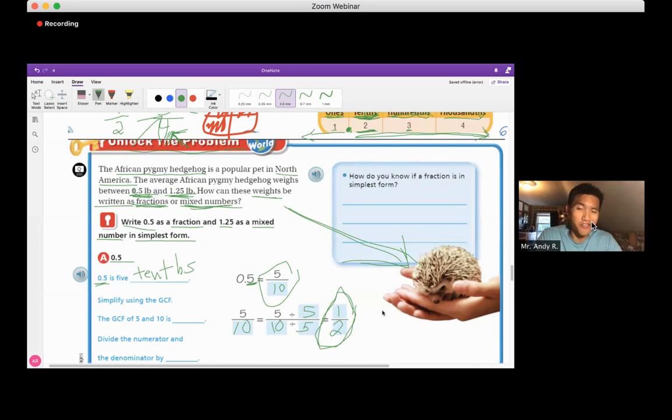In the end, 5/10 really means 1/2. It means like if I had a pizza and I ate one half of it, then the pizza is cut into two equal pieces, and I eat one of those pieces, that whole half piece.